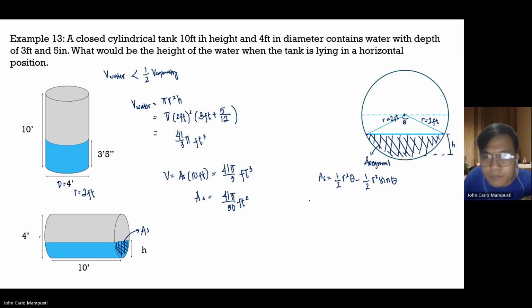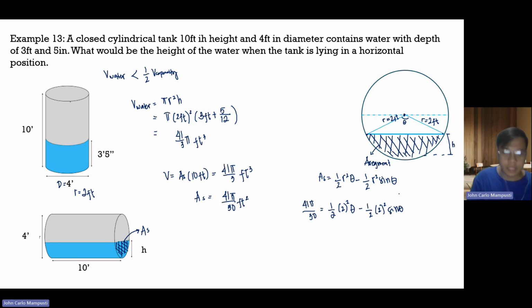So, this is 41 pi over 30 equals 1/2, 2 squared, theta unknown, minus 1/2 r squared, 2 squared, sine theta. You can shift-solve this on your calculator. If you shift-solve it, the answer you'll get is 2.633.